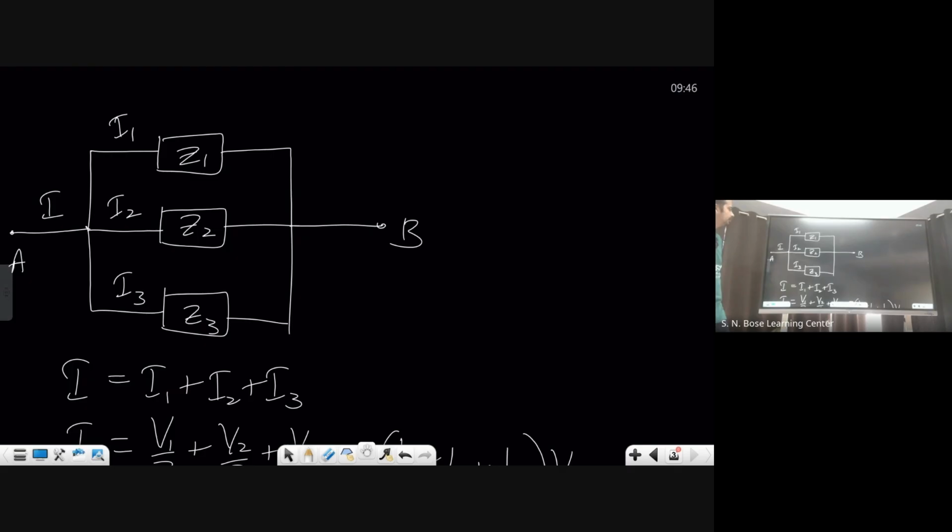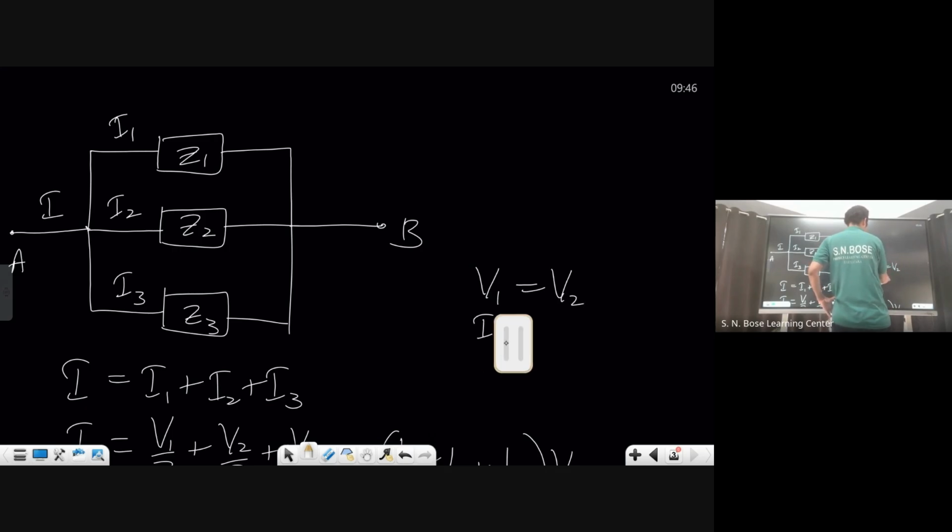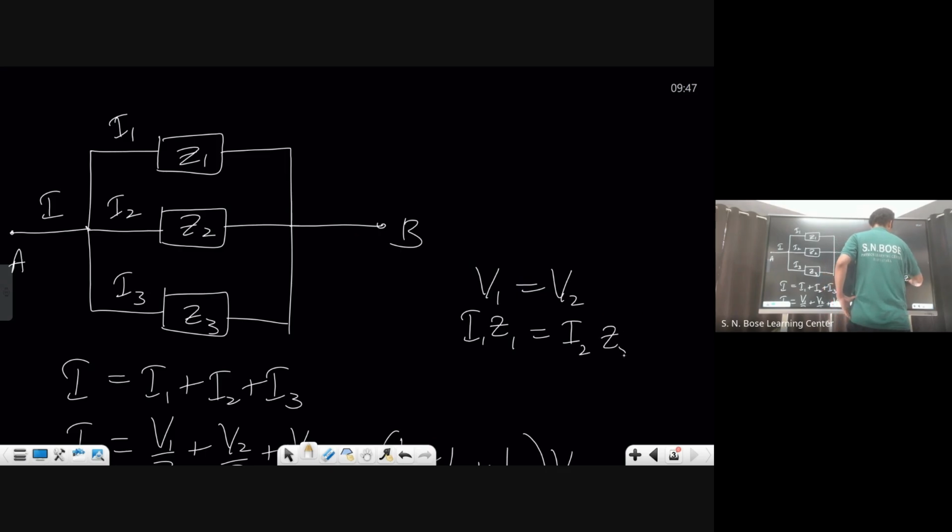Suppose they ask what is the phase difference between I1 and I2, how do you handle it? V1 equal to V2, am I right? V1 is I1 into Z1, equal to I2 into Z2.